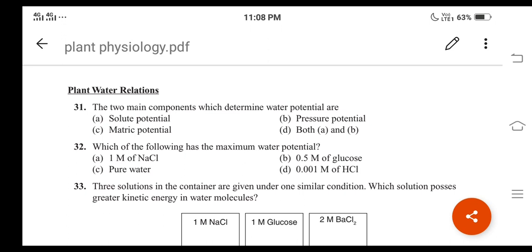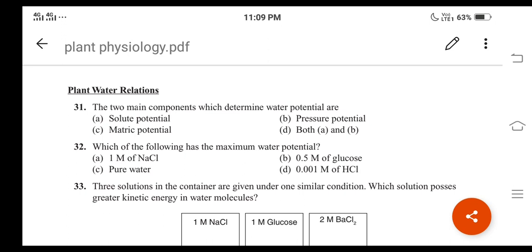Which of the following has the maximum water potential? Option A, 1 molar sodium chloride, second one is 0.5 mole of glucose, third one is pure water, and fourth one is 0.001 mole of HCl.